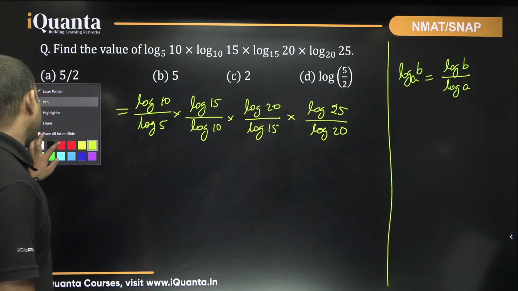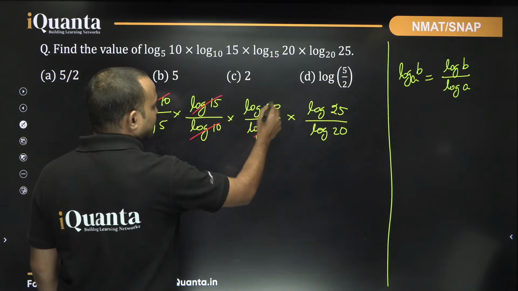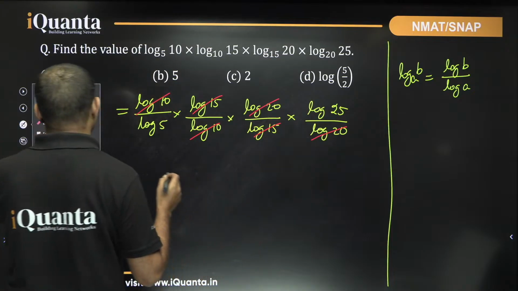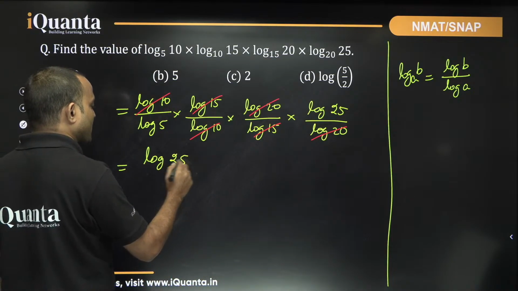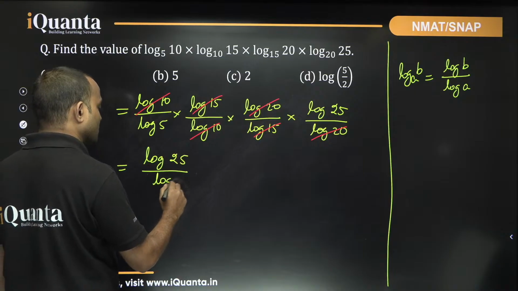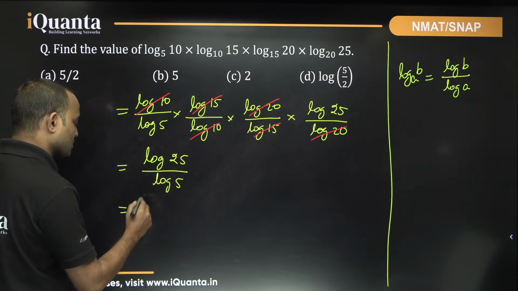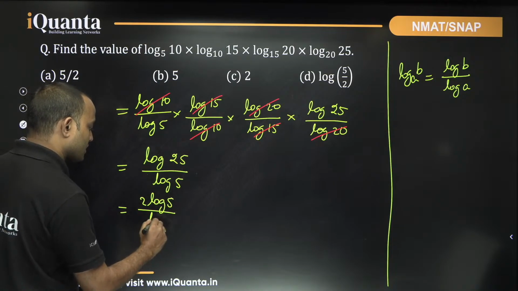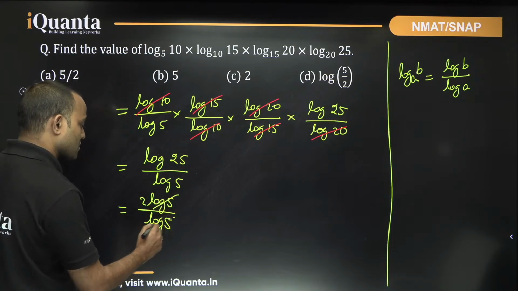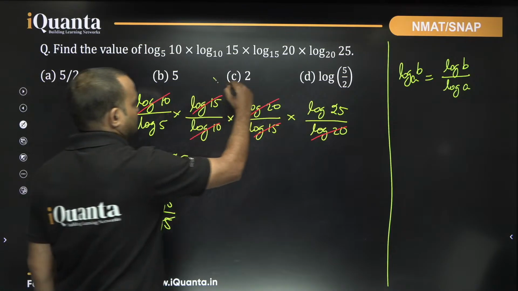You can see that log 10 cancelled out, log 15 cancelled out, log 20 cancelled out. We can write this as log 25 upon log 5. Now we can write log 25 as 2 log 5 upon log 5. Log 5 cancelled out, and we get our answer as 2.